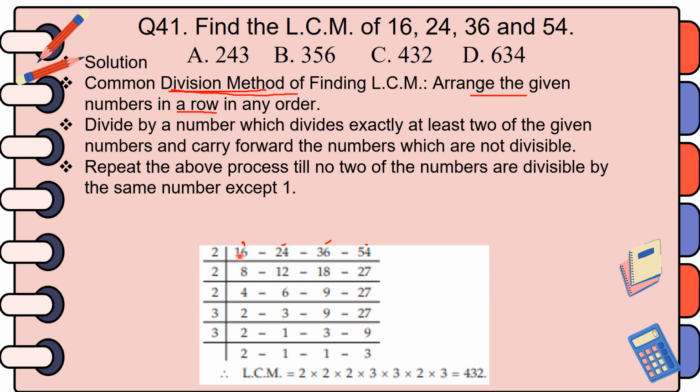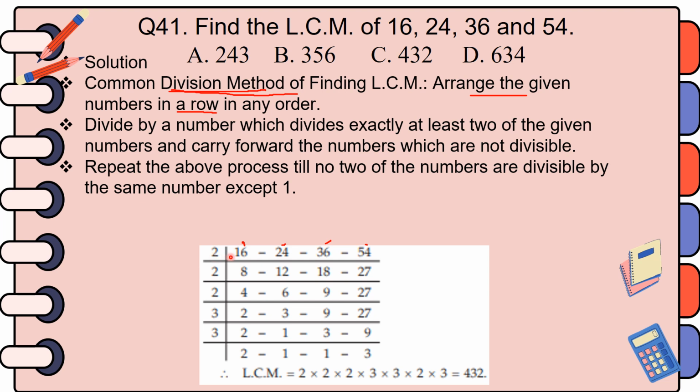Take for example 16 and 24. Then find a least prime number which divides both 24 and 16. Is there any prime number that divides both 16 and 24? Of course, yes.